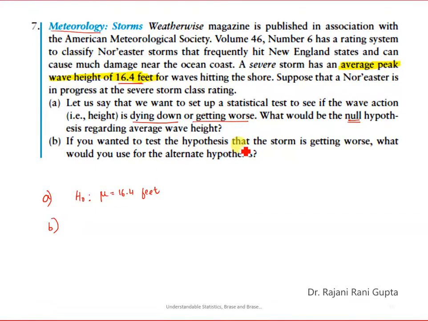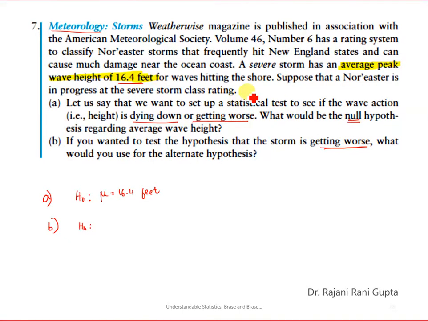Okay, in part B. If you want to test the hypothesis that the storm is getting worse, what would you use as the alternative hypothesis? Now, storms getting worse means the average height is becoming more. How do you know that?